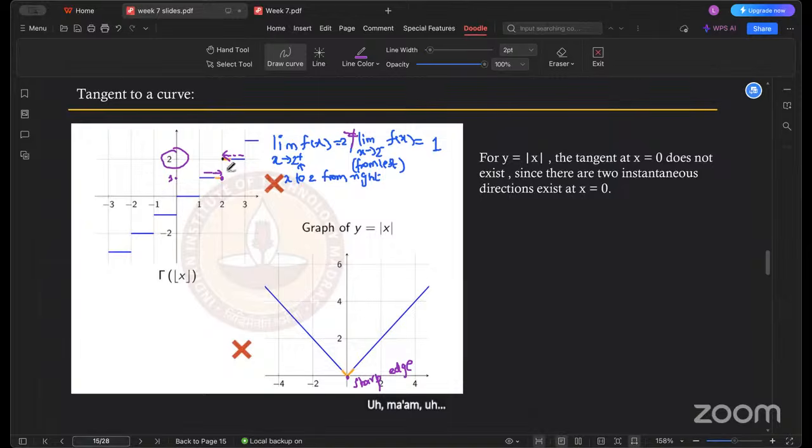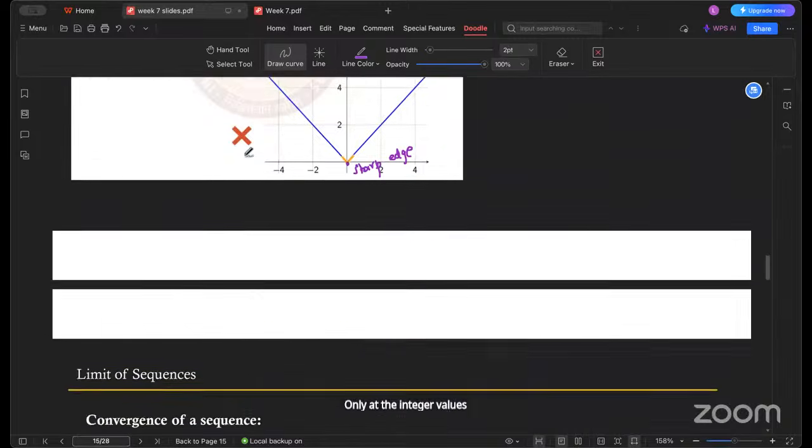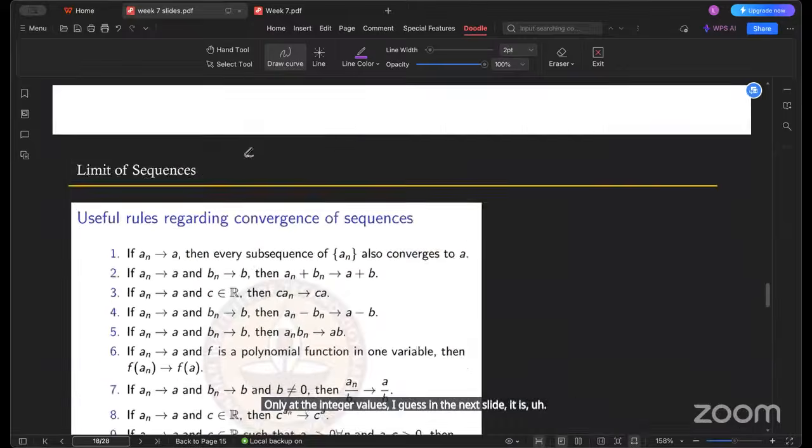Ma'am, does slope exist in the greatest integer function? Yeah, what happens here? Slope exists in this function only at the non-integer values, I guess it is mentioned in the next slide.